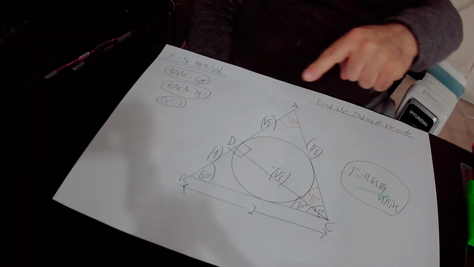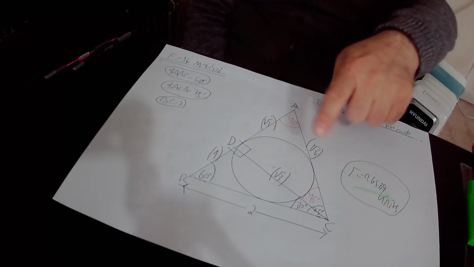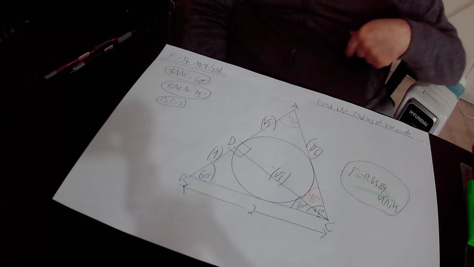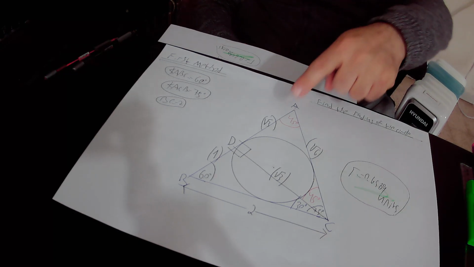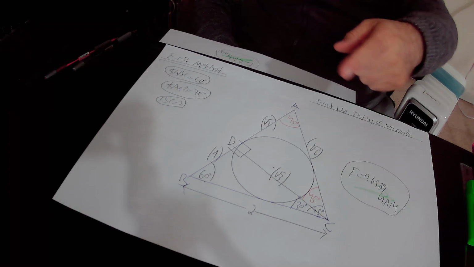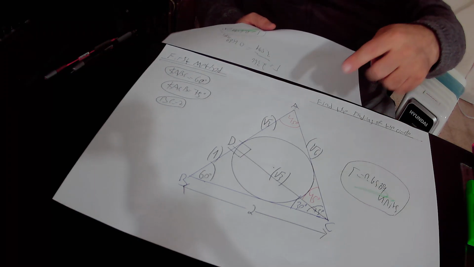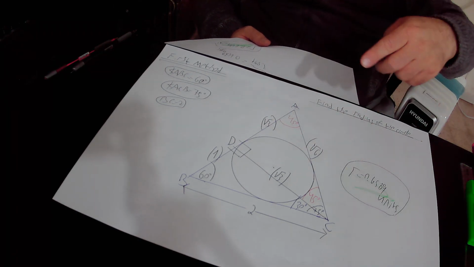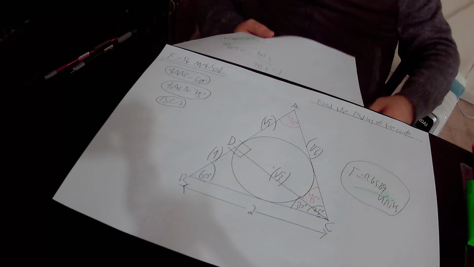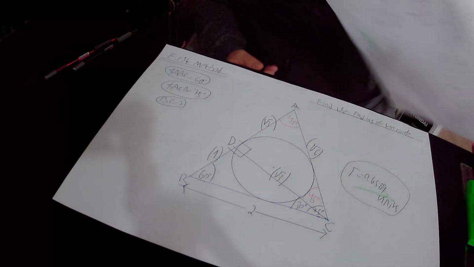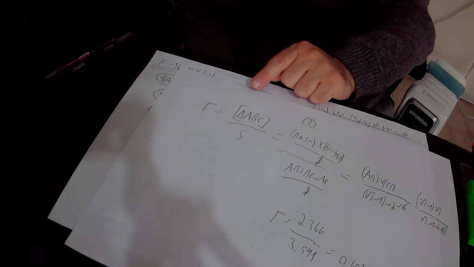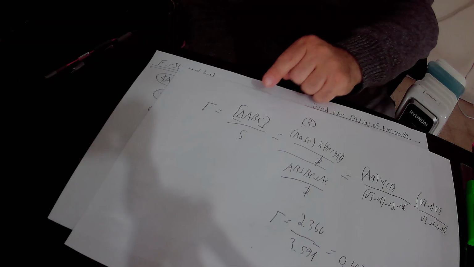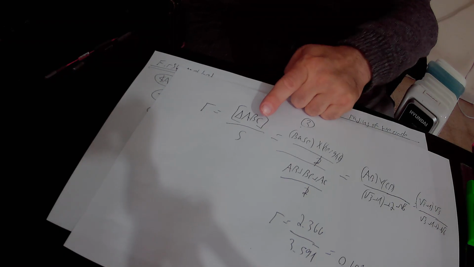Why? Because in our drawing we have triangle ABC that blocks this circle, or this circle is inscribed by triangle ABC. Therefore, the radius of this circle must be equal to the area of triangle ABC over the semi-perimeter of this triangle ABC.